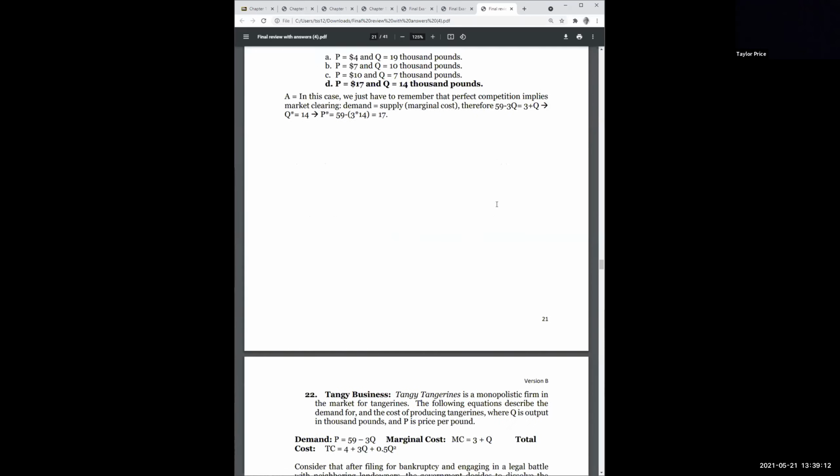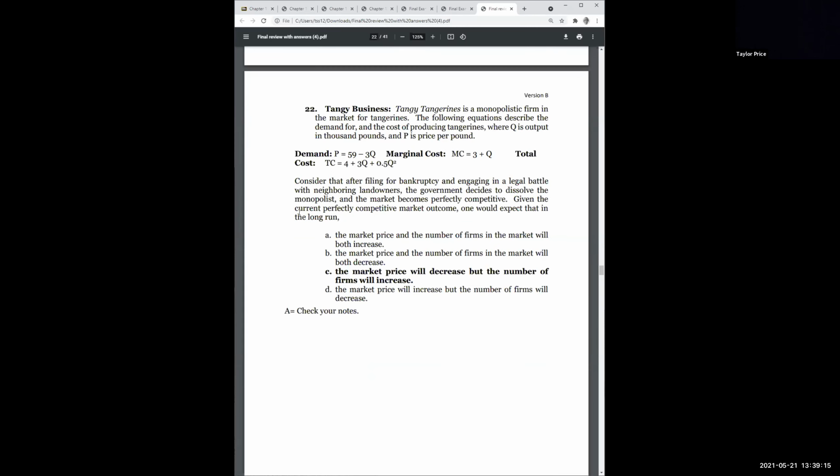So for 22, because it's now a perfectly competitive market outcome, what would you expect in the long run? Because they are currently producing at a profit and because they are monopolistically competitive, you know the market price is too high.